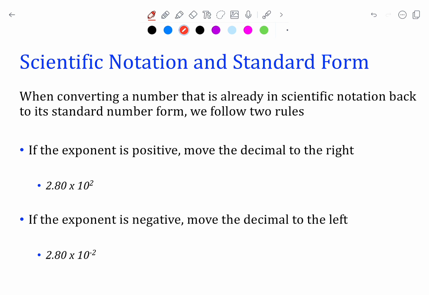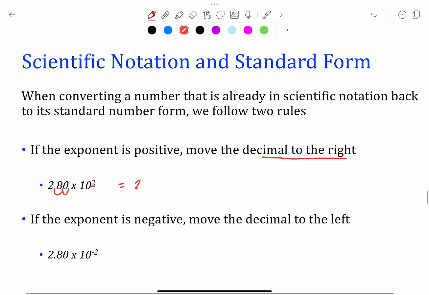Okay, so we're now doing the opposite because what we're doing in these problems is now the opposite of what we were doing before. So 2.80 times 10 to the 2 is, I'm going to move this now to the right because it's a positive number. So we're going to go 1, 2 decimal places to the right. So this gives me 280. And I'm going to put a point on there just to show my decimal place.